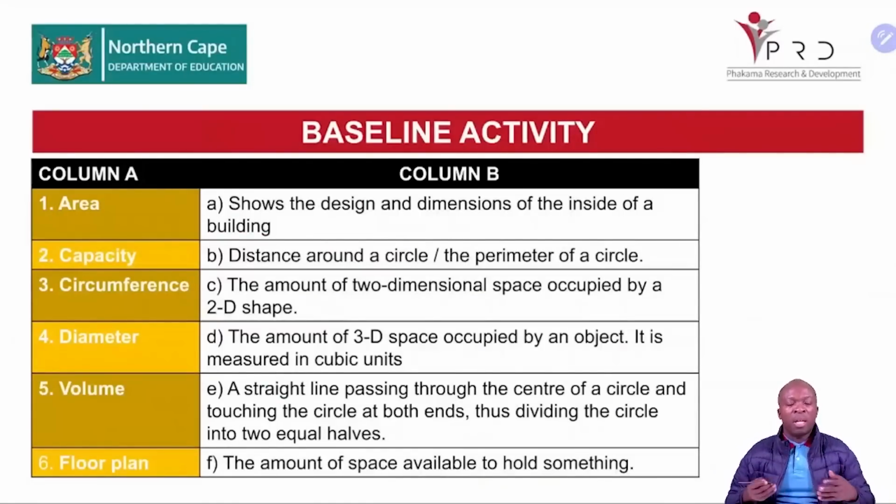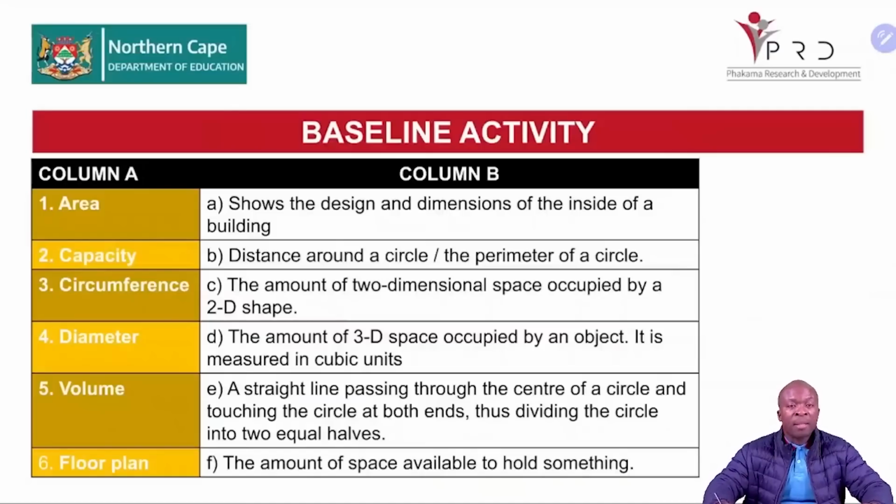So without taking much time, I have given you some baseline activities here. Look at the words on your left, and then we are going to look for the correct answer from the right side, meaning we are going to match what is in column A with those that are in column B.